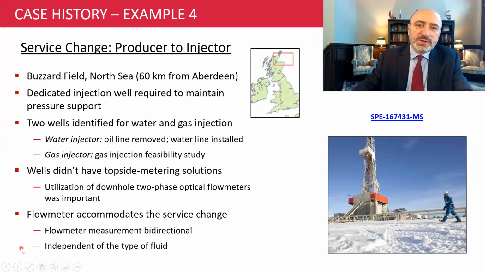Also, the type of the fluid is not relevant to the flow measurement, because if you remember the discussion we had in an earlier section, the optical flow meter has a universal calibration, and the type of the fluid, whether it is water or gas, does not have any impact on the flow measurement. All the details on this case history can be found in an SPE paper co-authored with the operator. Now, let me present some of the key results.